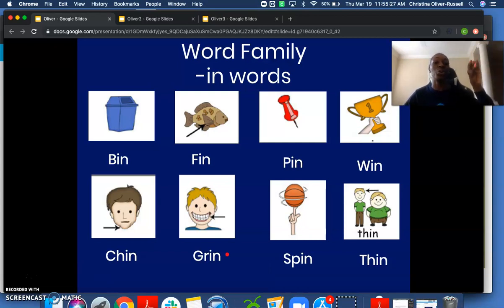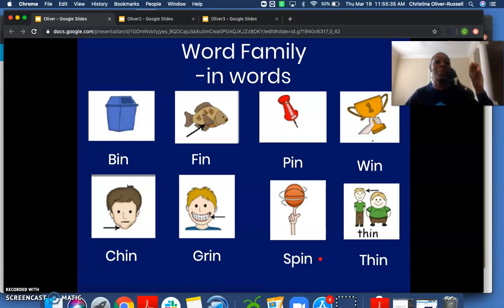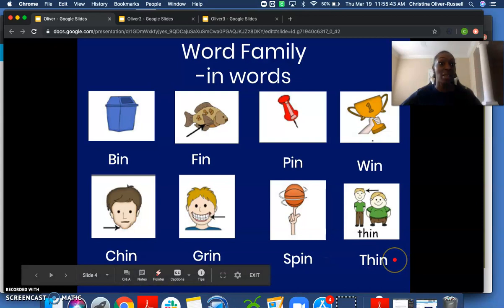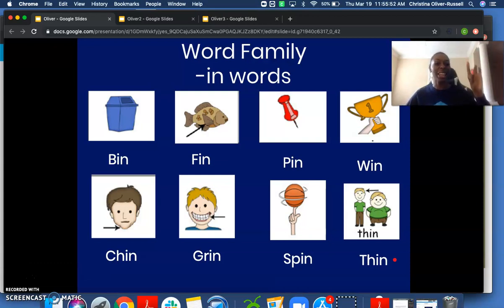The next one is spin. S-P-I-N, spin. One more time. Spin. And the last one is thin. Thin. One more time. Thin.